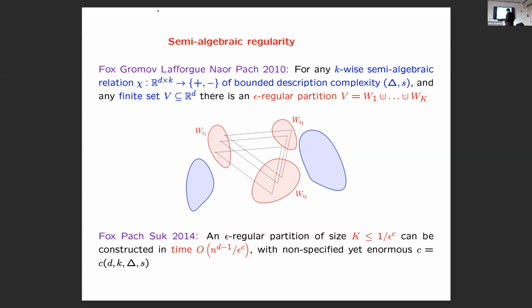And the result was also somewhat constructive, so they obtained this bound, but when we are looking at these exponents, they were not very specific, and they depend on things like degrees in the polynomial inequalities, and generally they were not worked out explicitly.